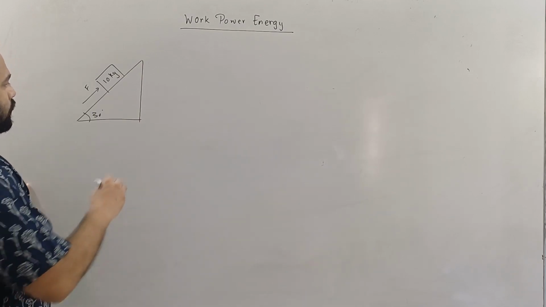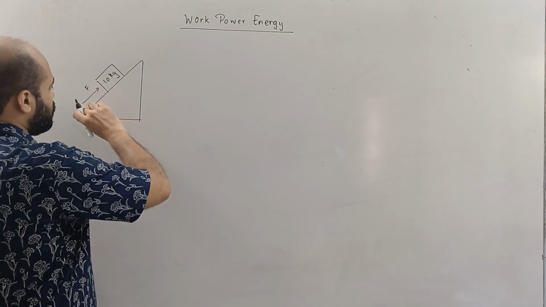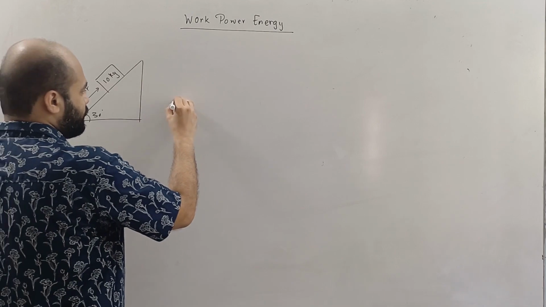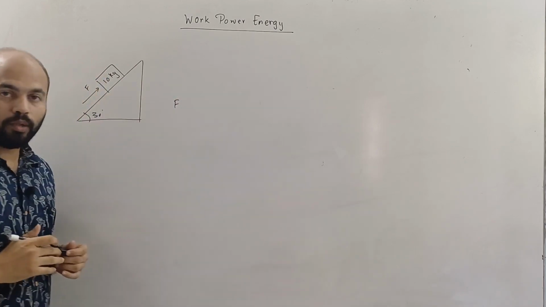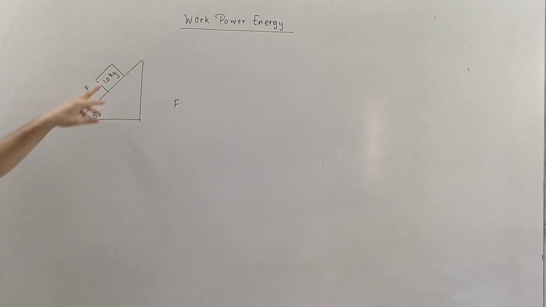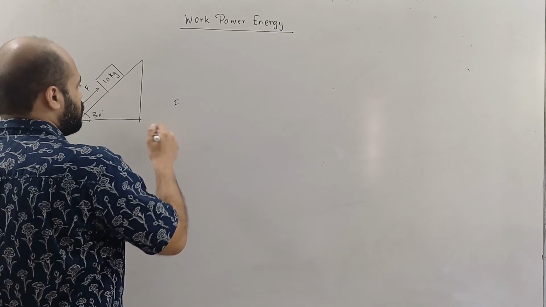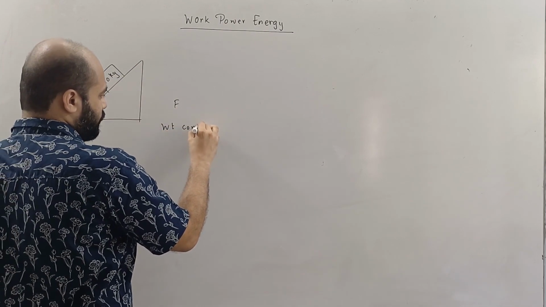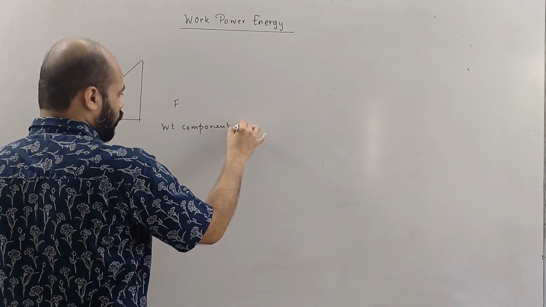So now the force which is to be applied, we have to talk about that. Now this is sliding down because of its own weight. So the only force which is acting now, that is a weight component along the incline.